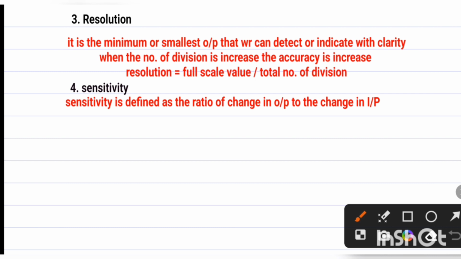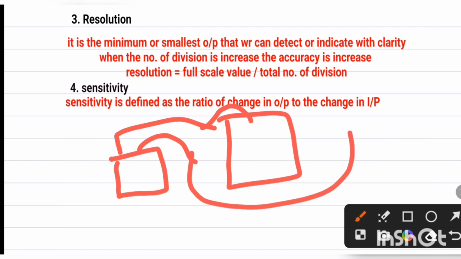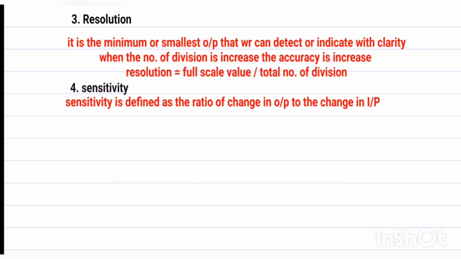For example, this is a battery of 5 volt which is connected to a voltmeter with which we measure its voltage. For example, it deflects from 1 volt. 1 volt is very small, so it can detect a very small voltage. This is the resolution.